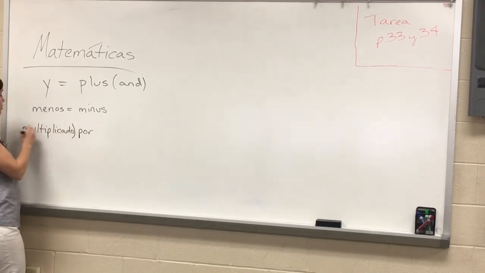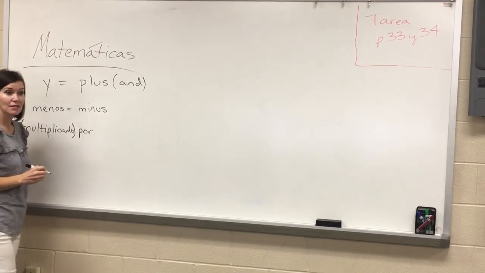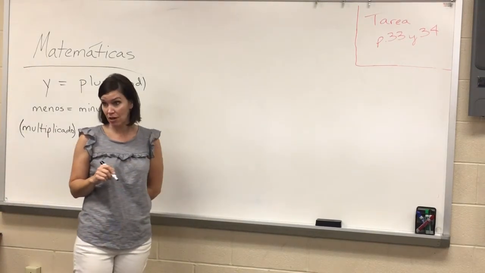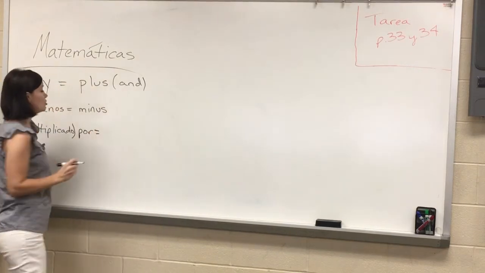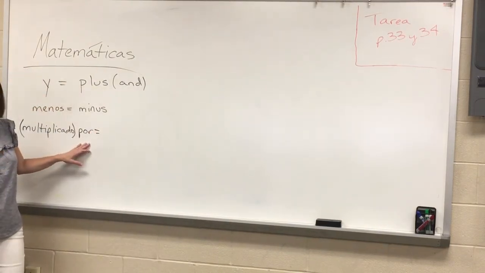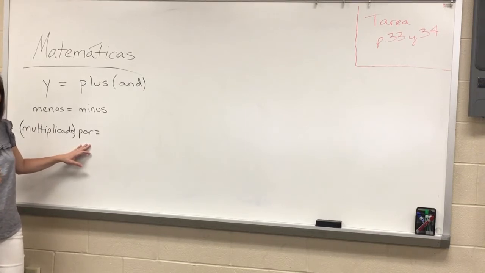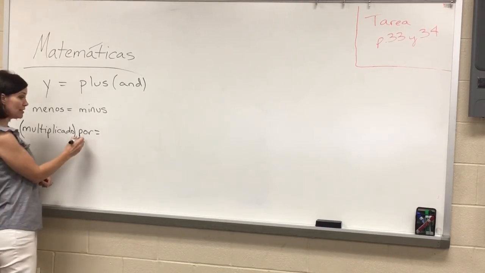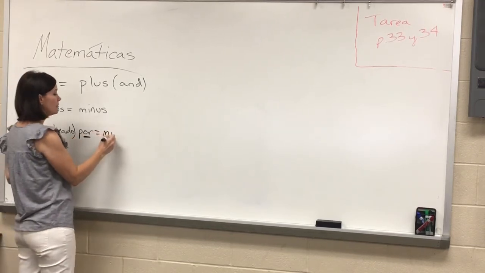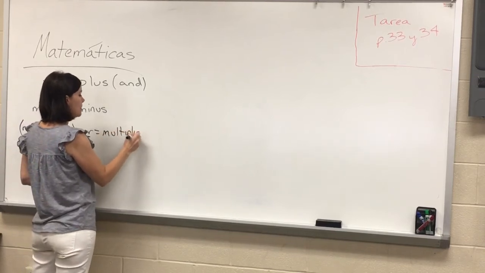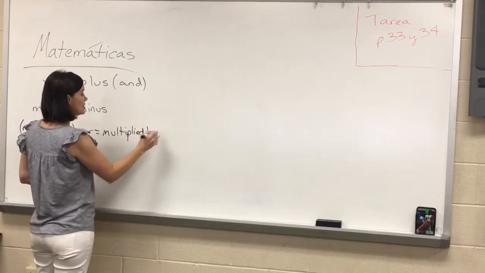So I'm just going to put that in parentheses because it's usually not even there. In Spanish, usually you'll just see tres por tres, which would mean what? 3 times 3. Or what if you had cuatro por cinco? 4 times 5. Typically you're just going to have the por. And that, again, multiplied by is what that means.